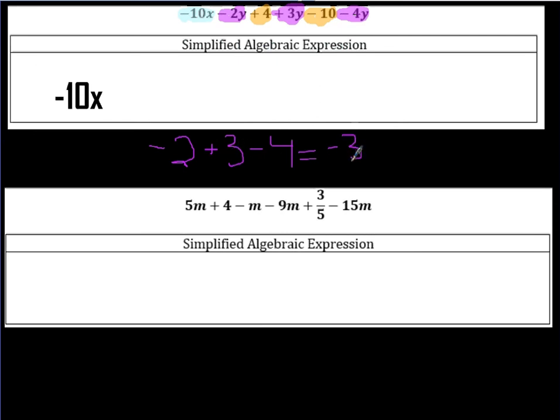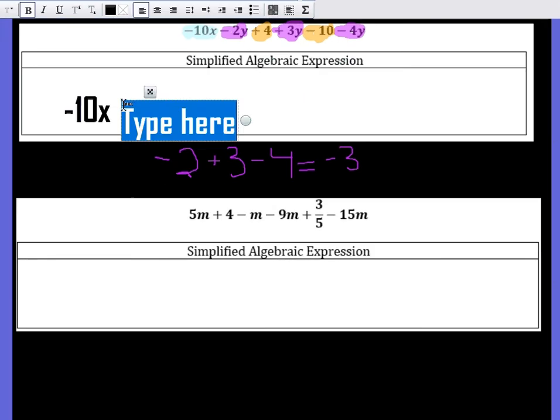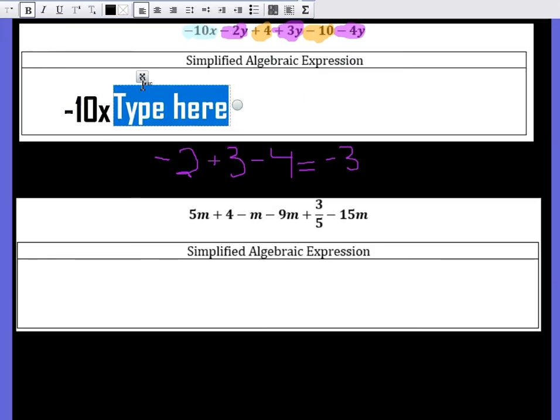So then I would say, okay, I have -3, and not just -3 anything, it has to be -3y. I have -3y, and what's going to be my constant terms? Well, let's write that in orange for ourselves.